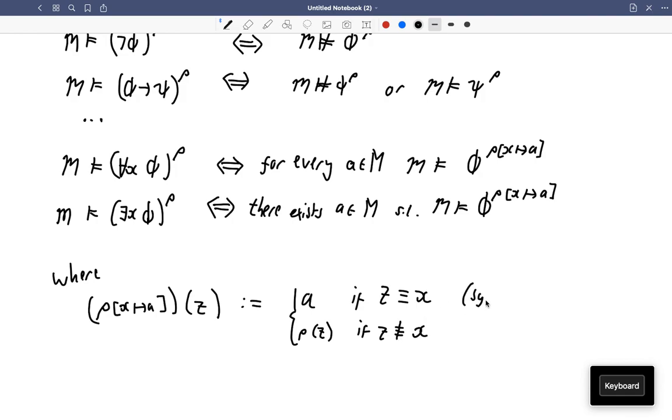Let me just write, as a memory jog, syntactically identical. Or actually, maybe a better way to say it, just the same variable. Let's write that.